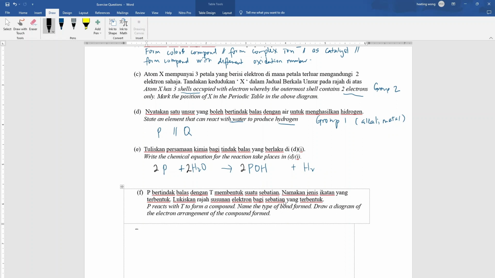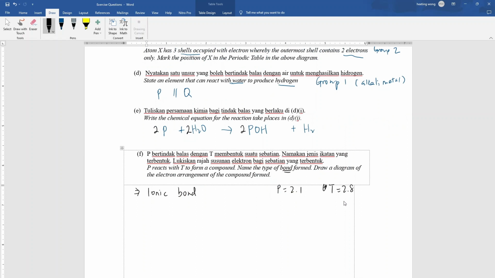Draw the diagrams for the electron arrangement. Here, P we have 2, 1, right? So first we write P is 2, 1. Sorry, T. T is 2, 8, 7.